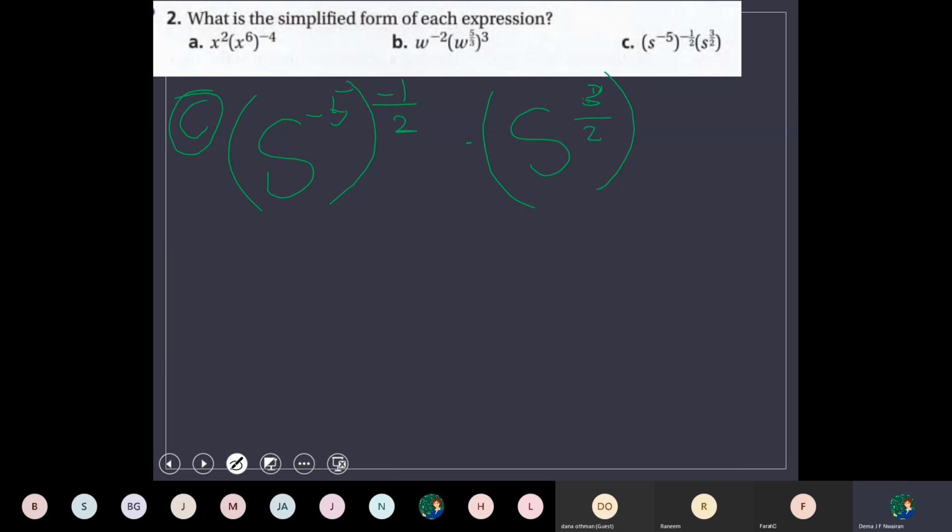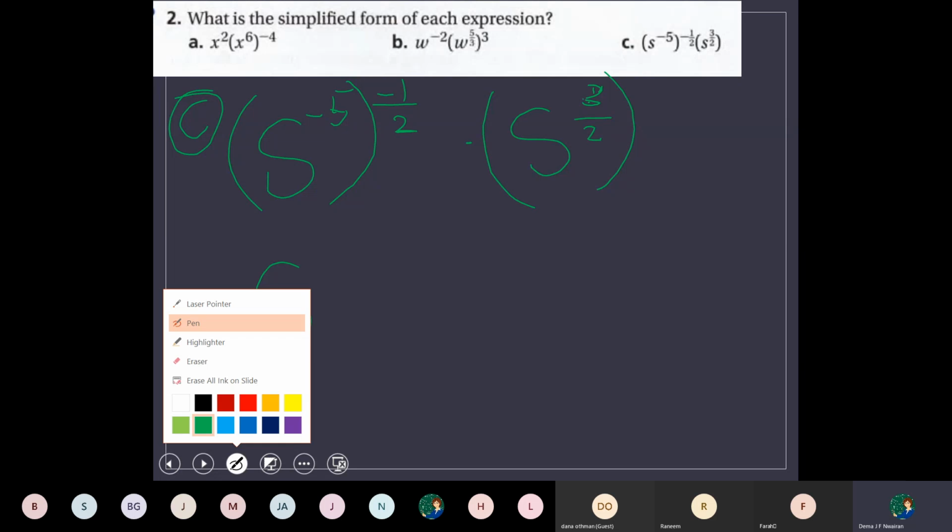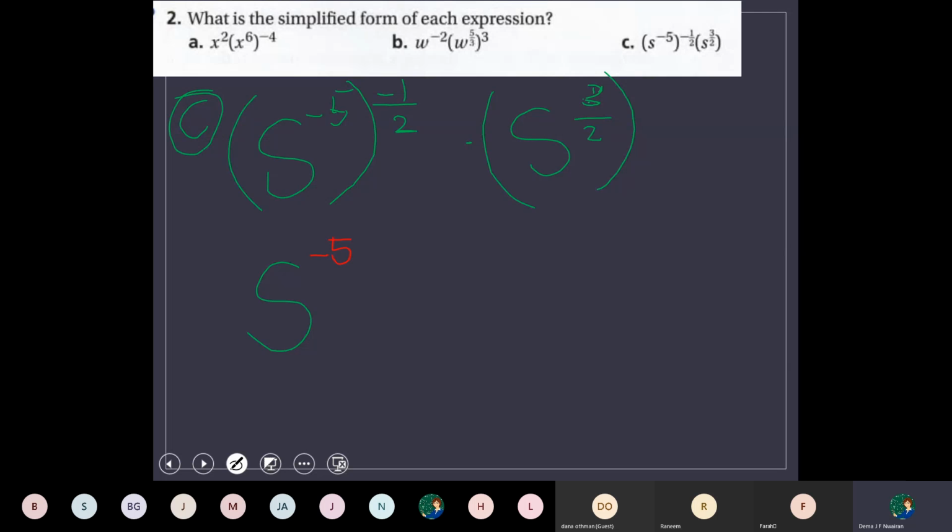Here we have s to the power negative 5 raised to the power negative 1 over 2, so I have to multiply: negative 5 times negative 1 over 2. Negative 5 multiplied by negative 1 is 5 over 2. So now the answer is s to the power 5 over 2.